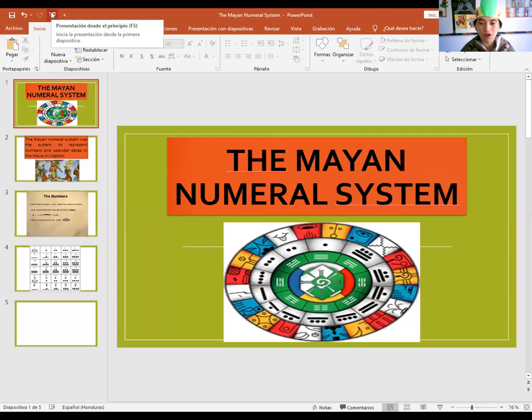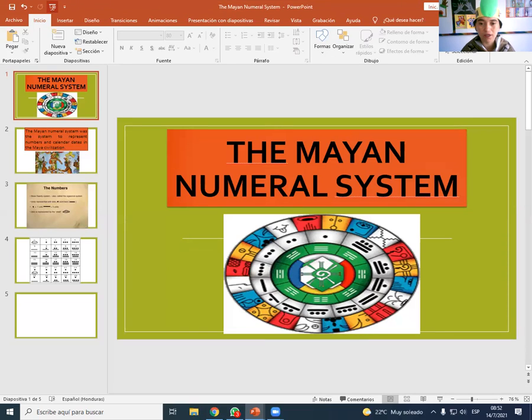Right now we're going to present the chart that I have for today. The Mayan numeral system that they established here in their civilization.